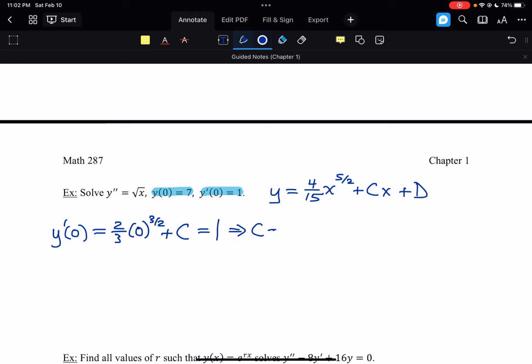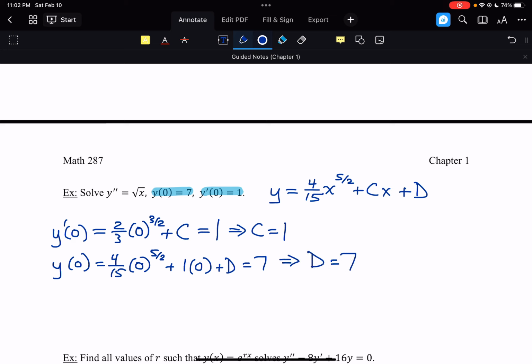So that just gives us c equals 1. And y of 0, using this function y, is 4/15 times 0 to the 5/2 plus 1 times 0 plus d equals 7. So we get d equals 7.